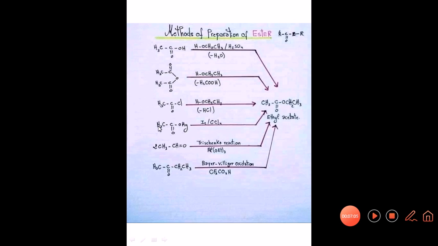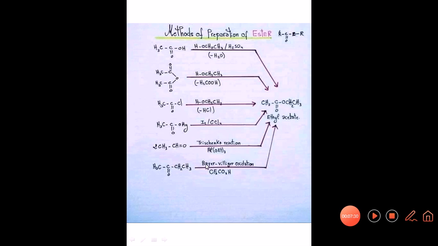The next reaction is what we call a Tishchenko reaction, which involves the disproportionation of two aldehydes in an alkoxide. So an aluminum alkoxide yields an ester. Two moles of the same aldehyde in an alkoxide ion tend to yield an ester.